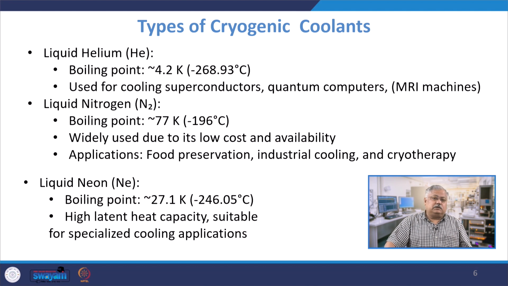Then we have another specific cryogenic coolant, which is liquid nitrogen, right. We discussed liquid helium; liquid nitrogen works at approximately 77 K. Most of the research or most of the operations are done at 77 K for understanding how the device behaves at low temperature, and then we proceed to 4.2 K. You got the idea, so we go step by step. 300 Kelvin is known to us, we drop down to 77 K, that is the liquid nitrogen temperature.